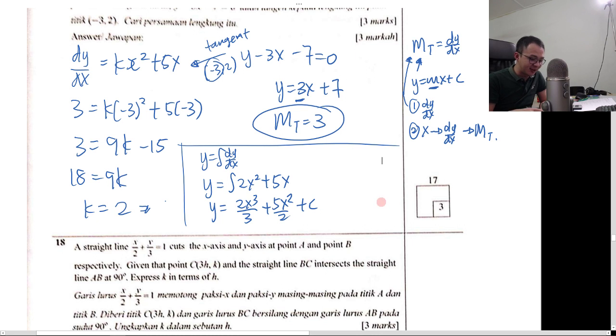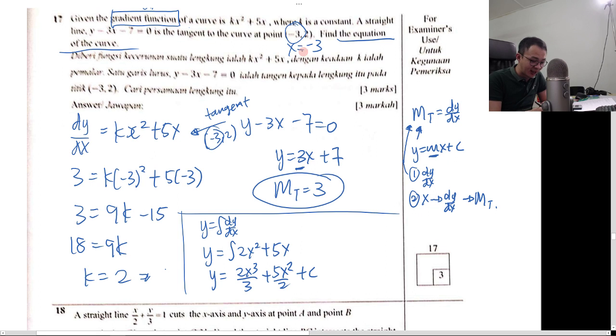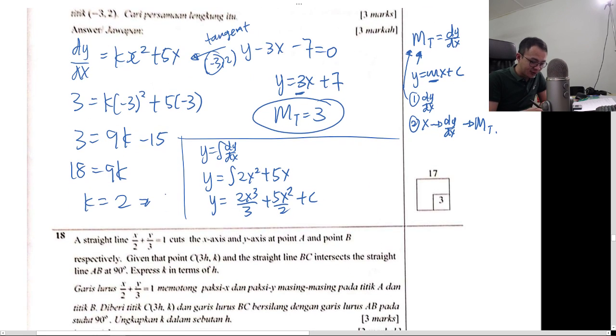And how to find the c? I must have a coordinate for x and y. So I will sub in the coordinate -3 and 2 here. So 2 equals to 2 times -3 cubed over 3 plus 5 times -3 squared over 2 plus c. Then I solve this one, I get c.